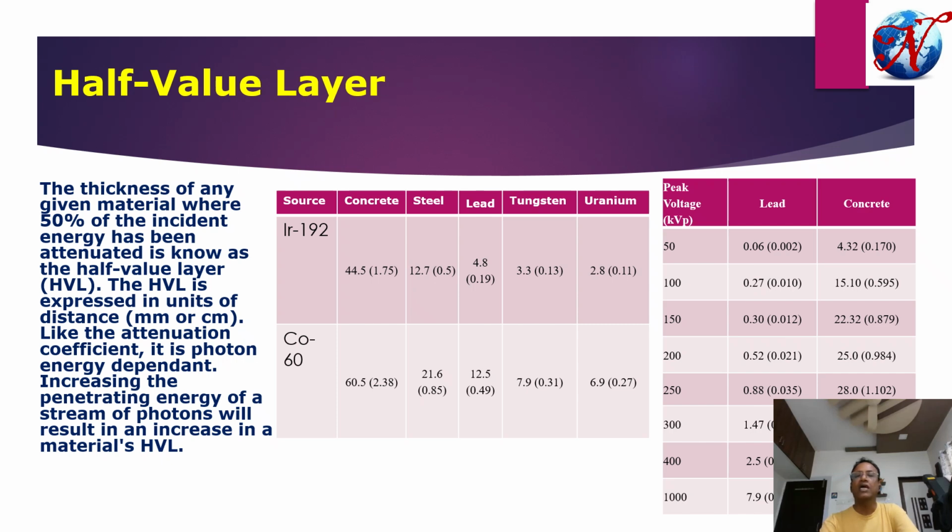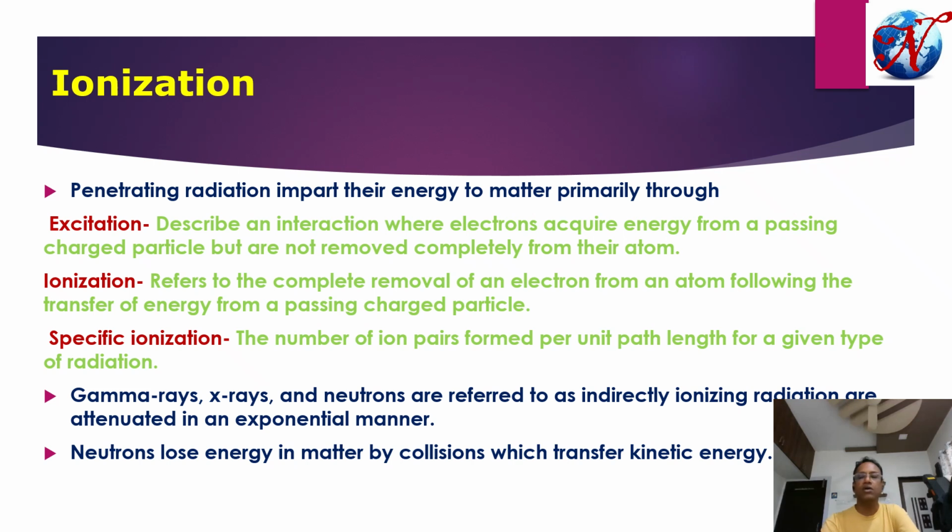So depleted uranium has a much higher shielding efficiency compared to tungsten, then lead, then steel, and then concrete. So when we are talking about radiation protection, the preferable material will be depleted uranium, then tungsten, then lead, then steel, and finally concrete.